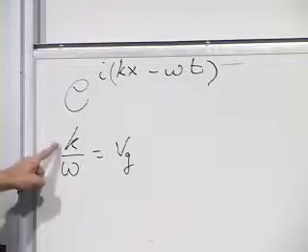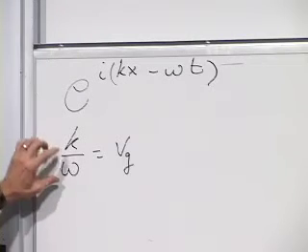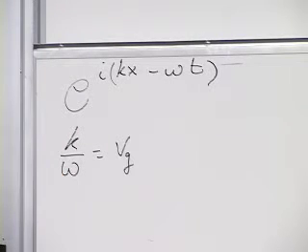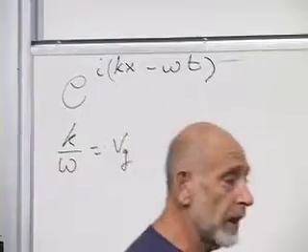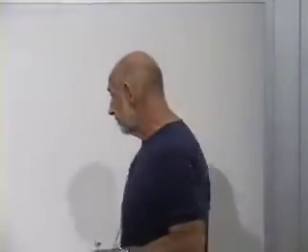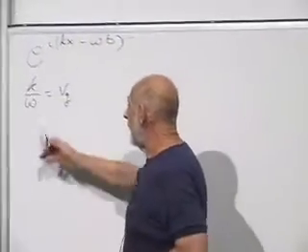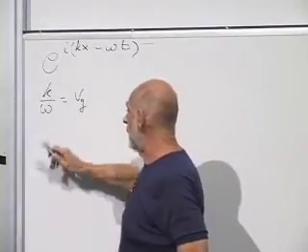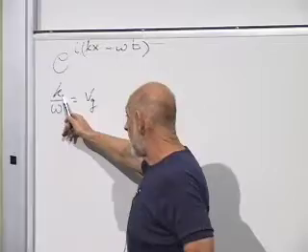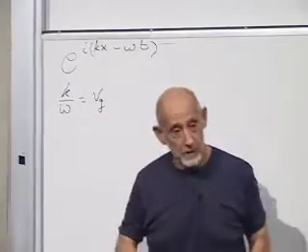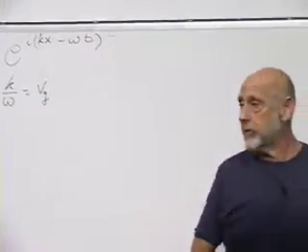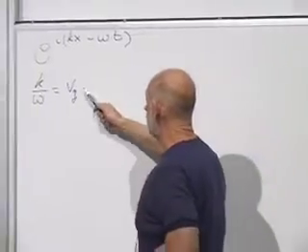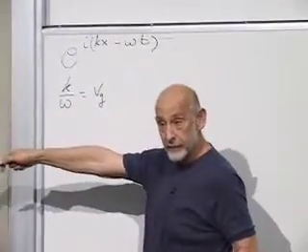And when you write this, you may think I mean the absolute value of k. But k can be positive, k can be negative. Omega can be positive or omega can be negative. I really mean k over omega with its appropriate sign. If k is negative and omega is positive, this describes an object whose velocity is to the left, negative.